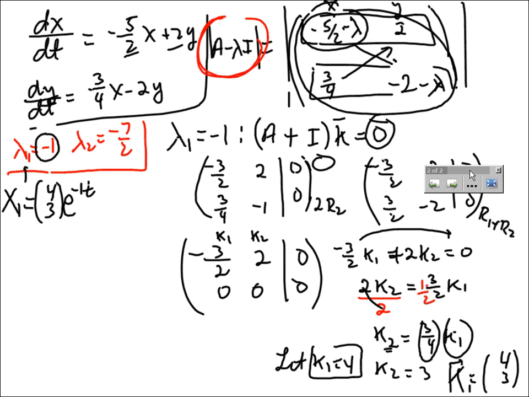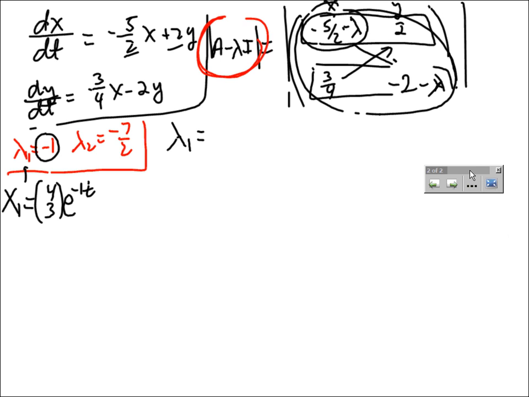Now we do this all over again, where lambda 2 is negative 7/2. So copying this over here, A minus lambda I, and we'll augment that with 0.